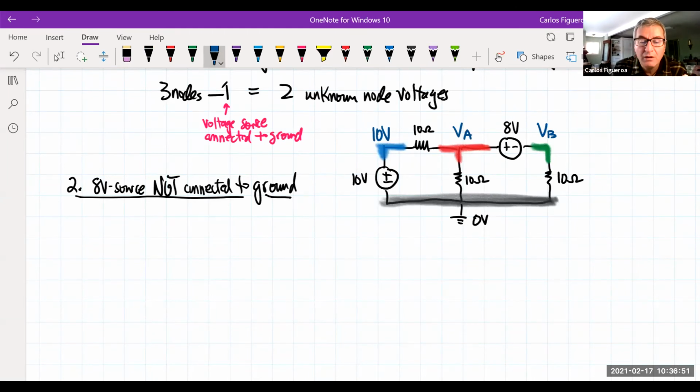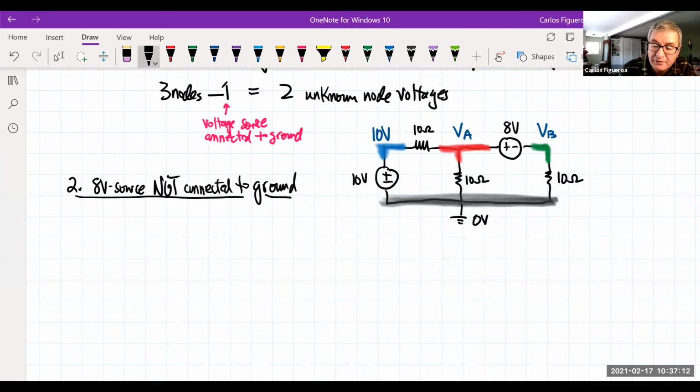Typically, I would have labeled all of the nodes. And you can see that a voltage source not connected to the ground really puts conditions on VA and VB here.